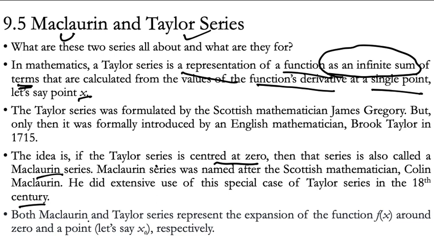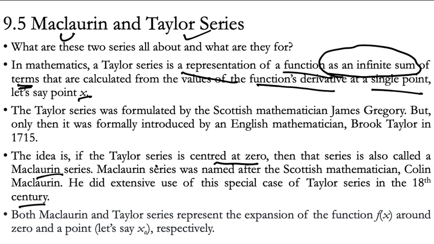Now, both Maclaurin and Taylor series represent the expansion of the function f x around zero or a point, let's say point x naught, and at that point x naught, let's say we have a steady state or equilibrium or anything that we want to analyze in an economic study.